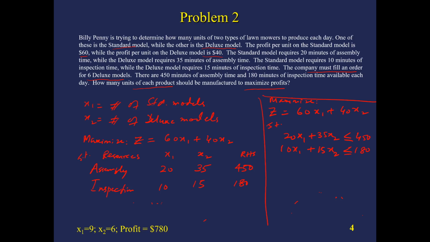And then the third constraint is that we need at least 6 deluxe models, so x2 should be greater than or equal to 6. For completeness' sake, x1 and x2 should both be greater than or equal to 0. Although we already have x2 greater than or equal to 6, as we have non-negativity, we can just write it down.